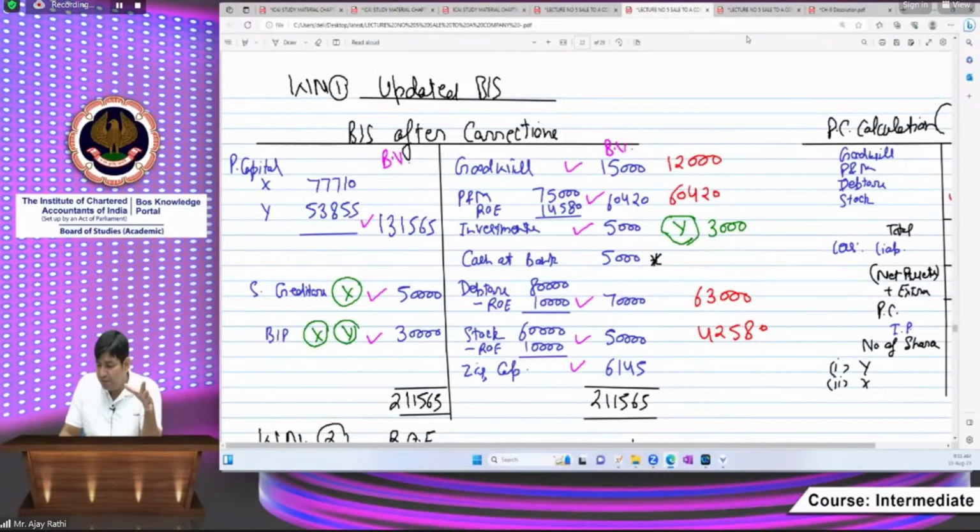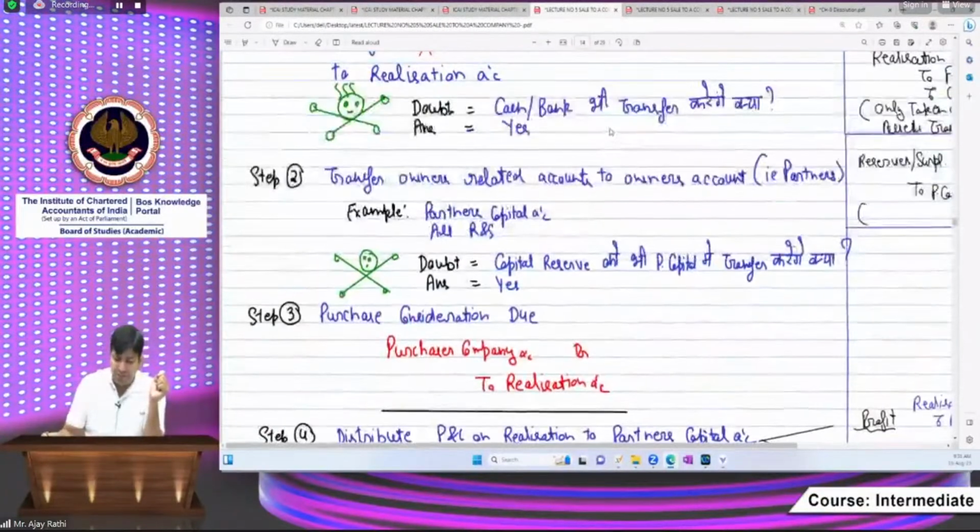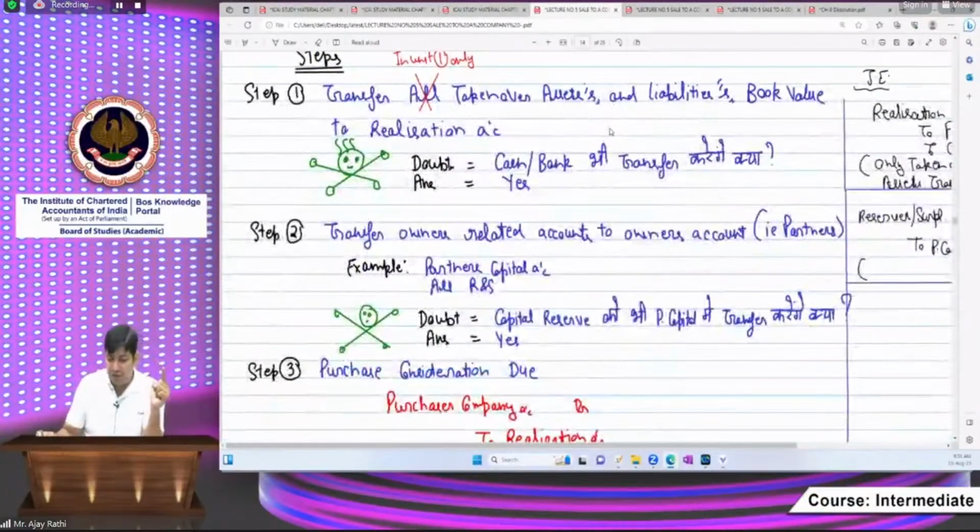We could allocate only 50% or 80% of today's session to this unit, because this is a wide unit. Anyways, I don't think you could leave out anything if you are following the steps strictly. Step number 1, taken over assets and liabilities must be transferred.